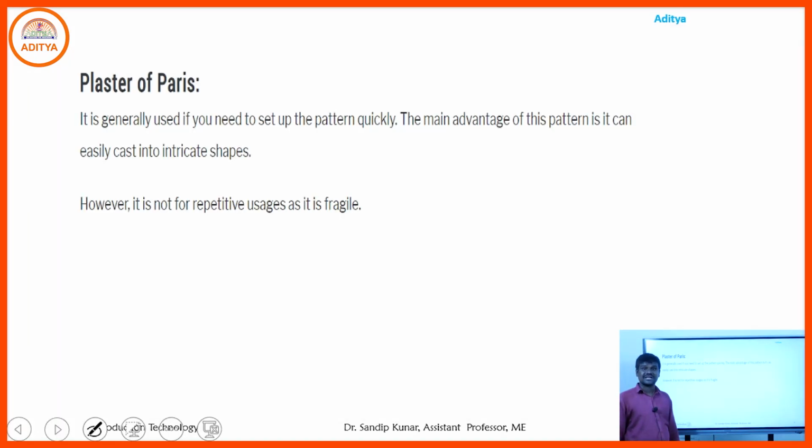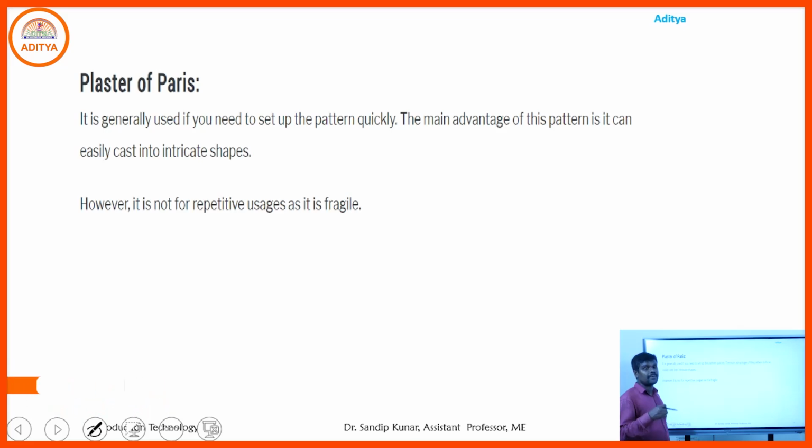Another material, plaster of Paris. Using plaster of Paris material we can easily produce any type of pattern. What are the main advantages of the plaster of Paris pattern? It can prepare any type of intricate shape.